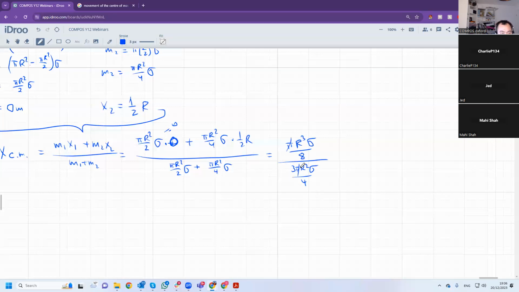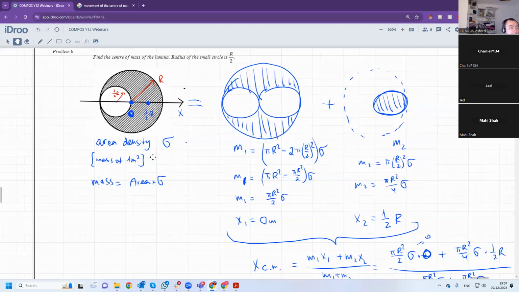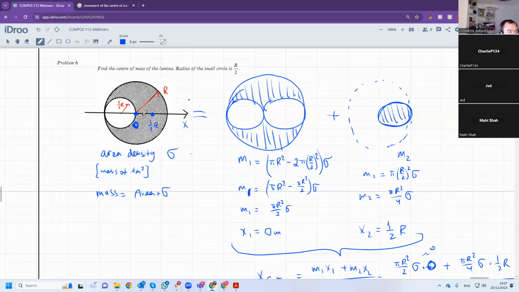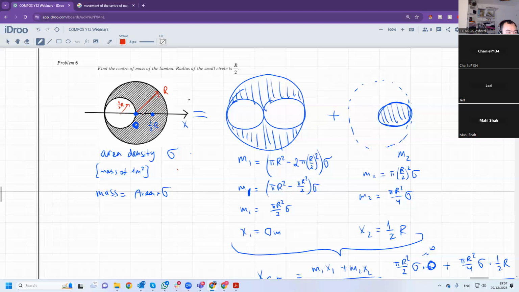So pi cancels, r squared cancels, sigma cancels, and this becomes 2. So it looks like it's going to be r over 6. That's beautiful. The center of mass is at point r over 6. So it's somewhere here, which makes perfect sense. This is half r, so it's here. This is the center of mass.